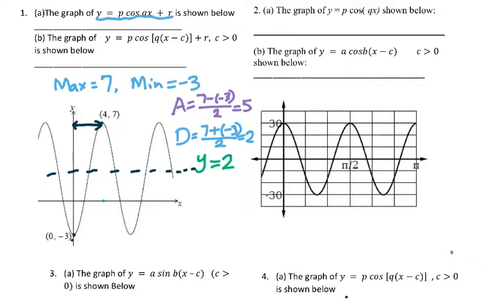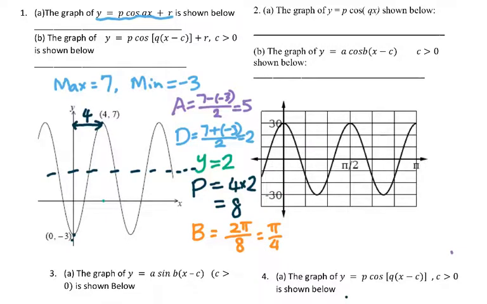That's 4, because the x-coordinate here is 4. X-coordinate here is 0. So 4 minus 0 equals 4. Then we can figure out the period equals 4 times 2. We got 8. After you figure out the period, we can get b equals 2 pi over the period. That means 2 pi over 8 means pi over 4.